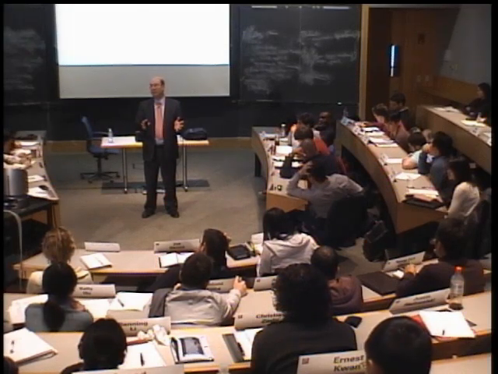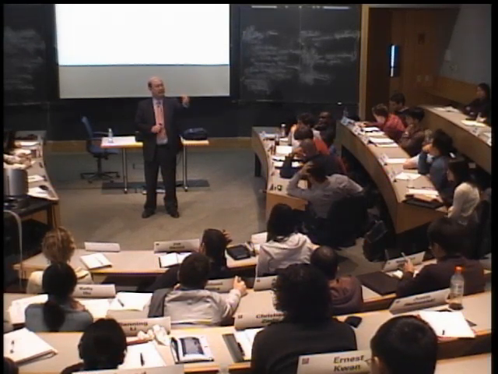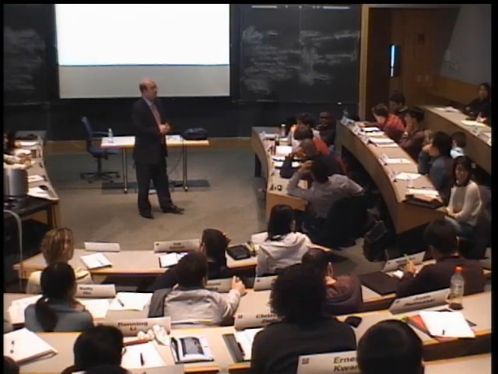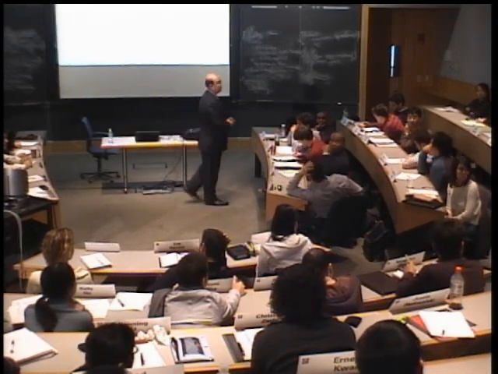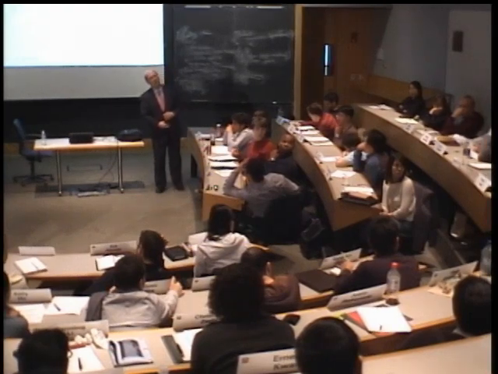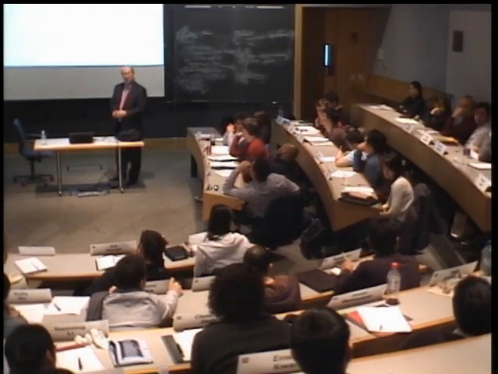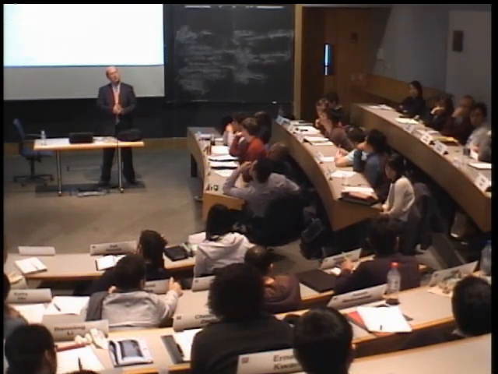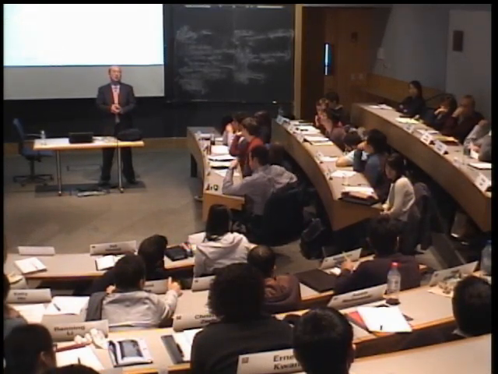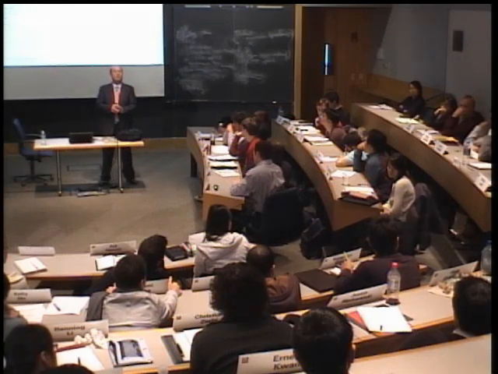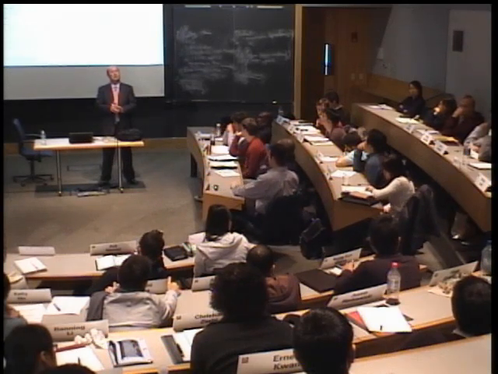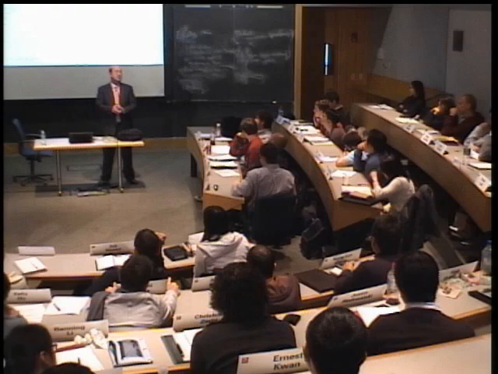Other questions or comments? Yeah, sure. How often does this happen in practice? I mean, most of the time, in my experience, we look at projects that are 15, 20 years down the line. And most of the time, there's a strict discount rate, a level discount rate. We're not going to try and change that discount rate in the 10th year. Right. So the answer is it depends on the industry.